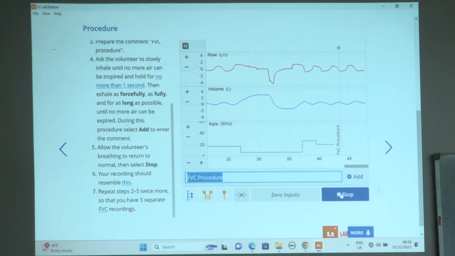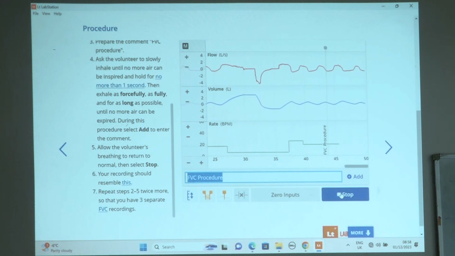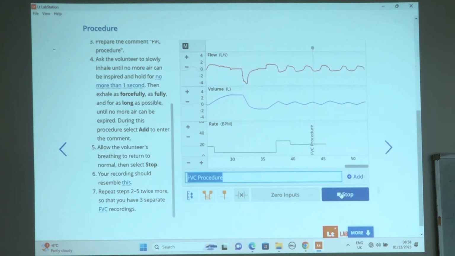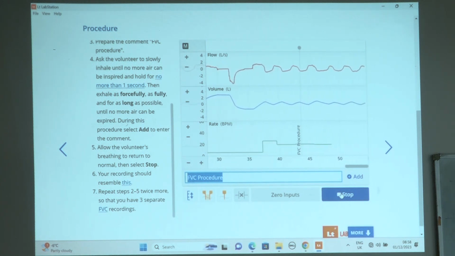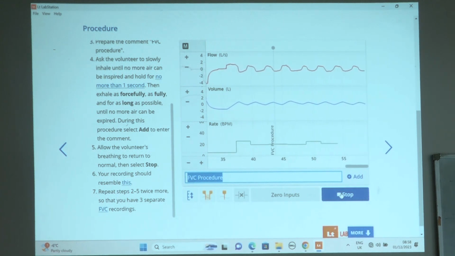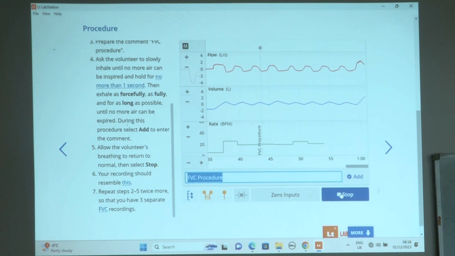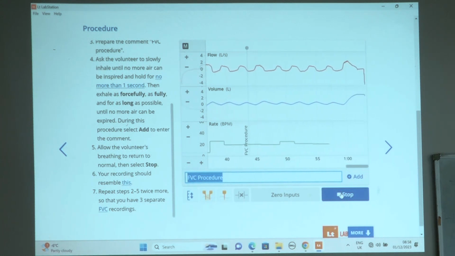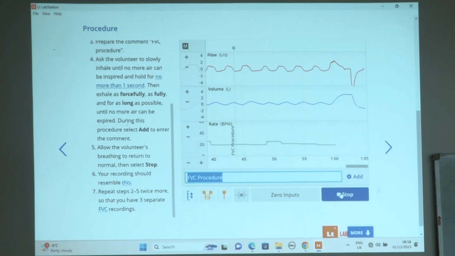We're going to repeat this for 3 more times, so just continue to breathe normal. When you are comfortable to do it, you breathe in, hold for 1 second, and breathe out as fast as you can. Return back to normal breathing.